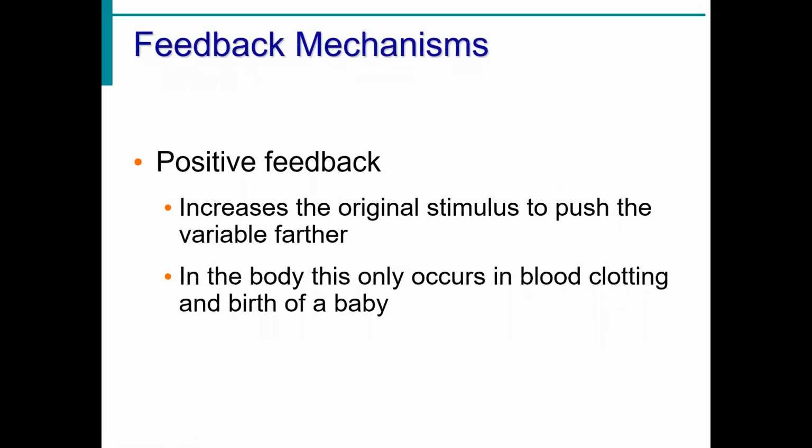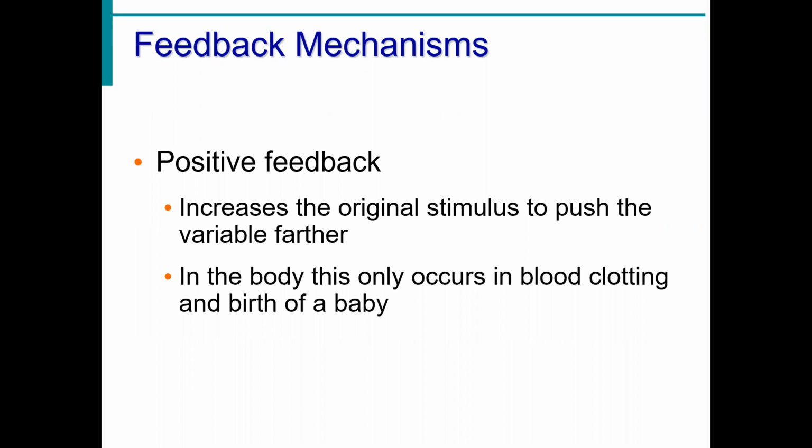Positive feedback. So again, we've got two types of feedback here that we want you to be familiar with as we consider maintaining homeostasis. A positive feedback is going to increase the original stimulus, right? And it's going to push that variable further in the direction in which it's going, right? So you think about giving birth to a baby, right?